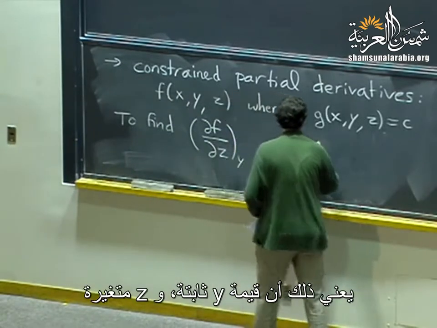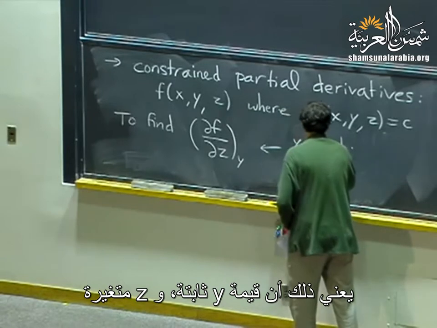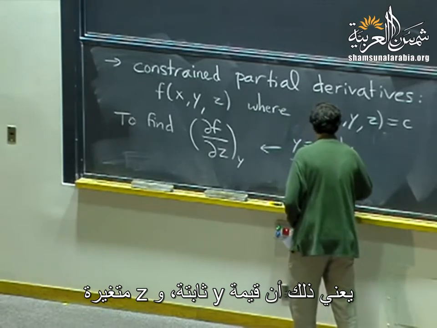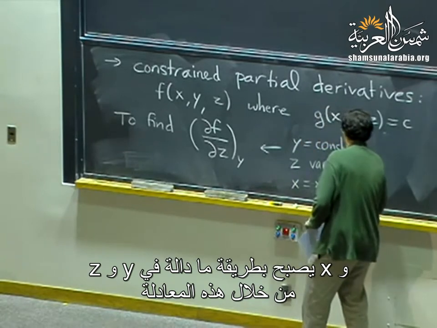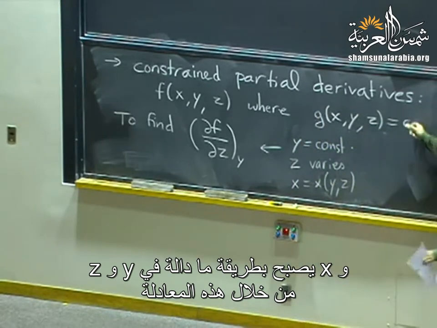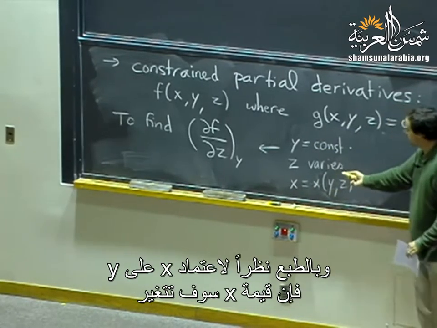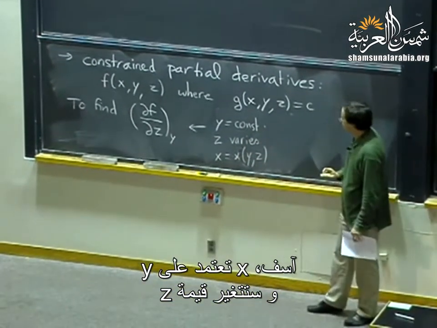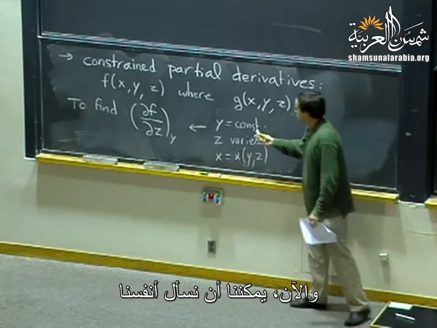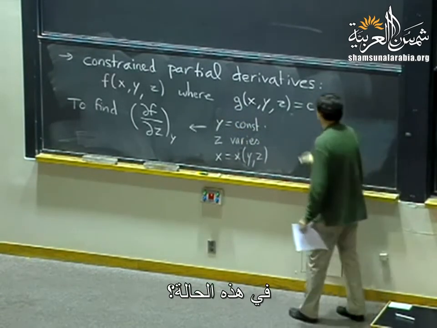That means y is constant, z varies, and x somehow is mysteriously a function of y and z through this equation. And then, of course, because it depends on z, x will vary. So now we're asking ourselves, what's the rate of change of f with respect to z in this situation?